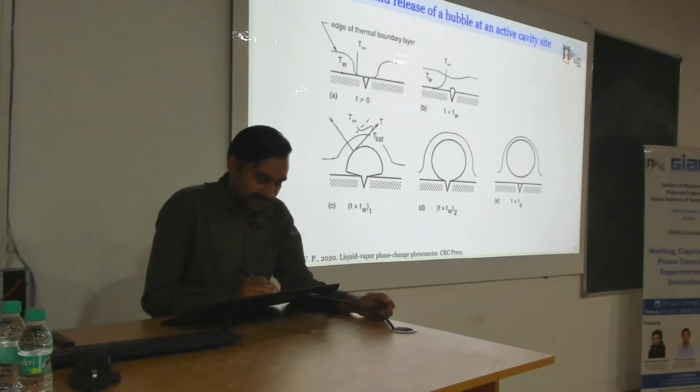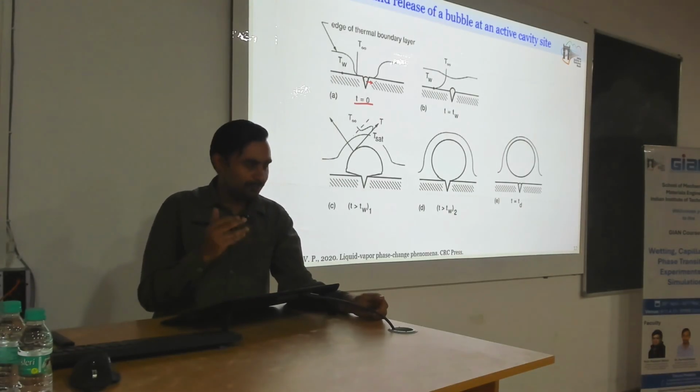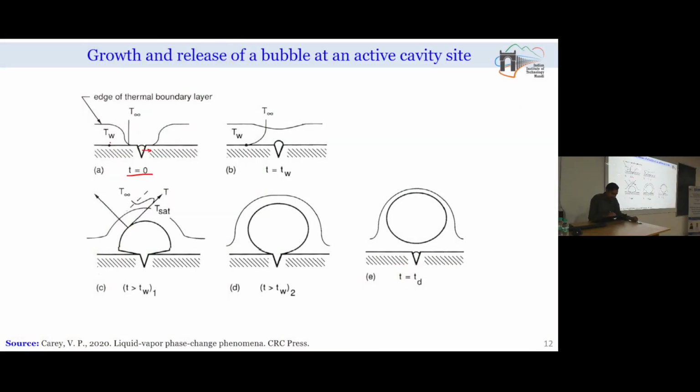If you see at time t equal to 0, we have some vapor volume within the cavity itself, and here at this point we have temperature Tw, and away from this point we will have temperature T infinity. Because of the presence of the cavity over here, this portion of liquid will be cooler, and away from this portion we will have formation of the thermal boundary layer, where the temperature above this thermal boundary layer is T infinity.